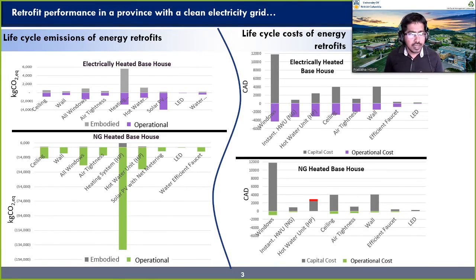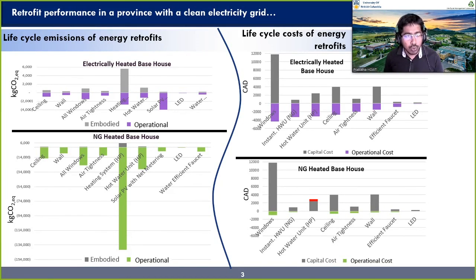The left-hand side of the slide shows the life cycle emissions performance of different energy retrofits when applied on these two base buildings. We can see that the house heated with natural gas has more potential to save emissions when retrofitted compared to the house heated with electricity.